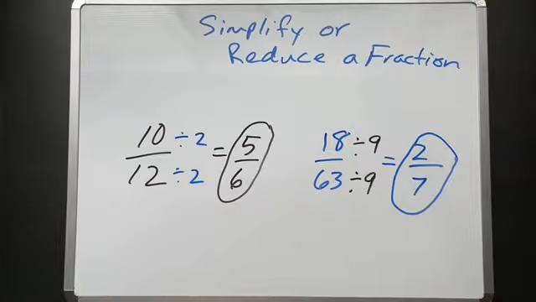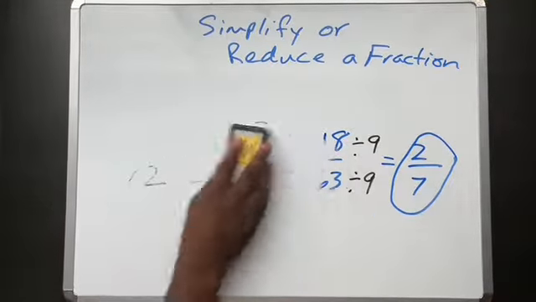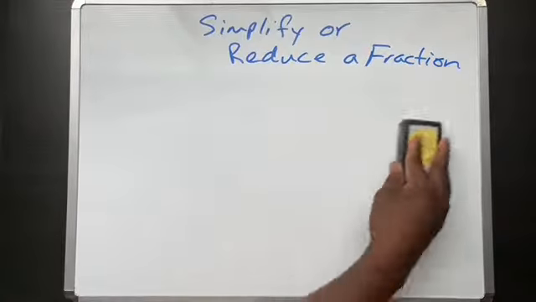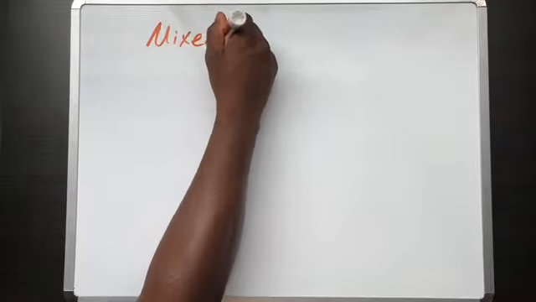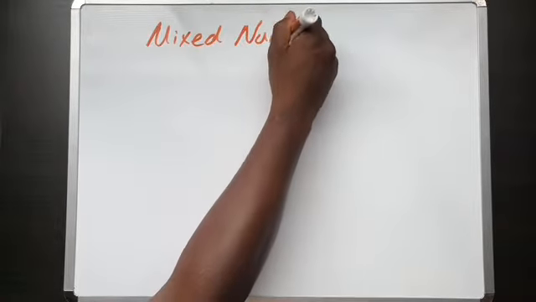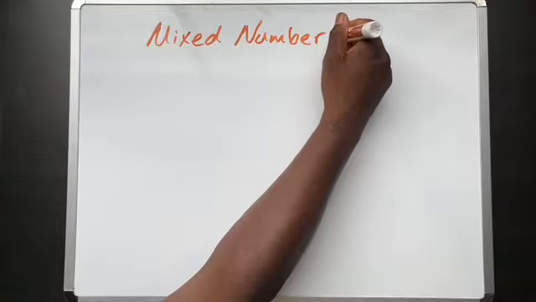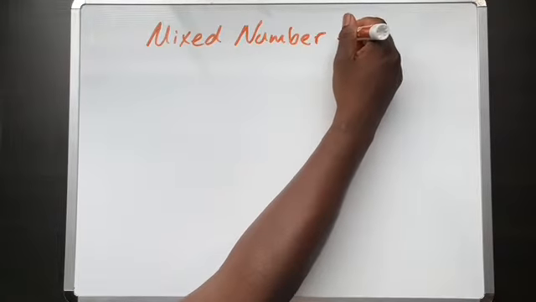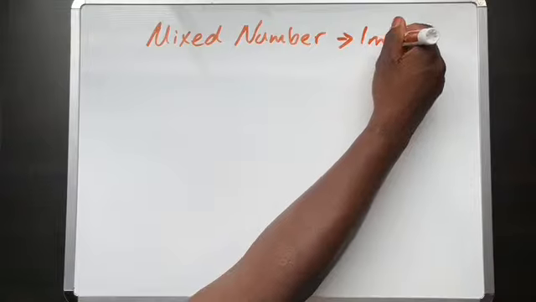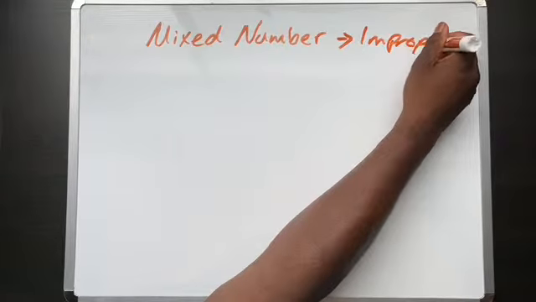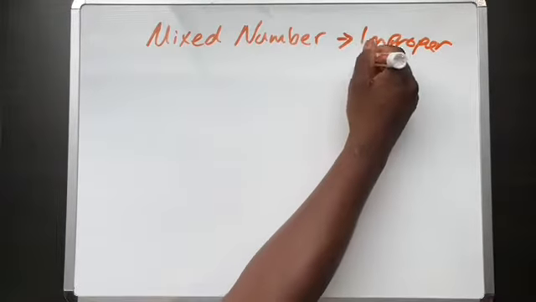let's get into converting a mixed number to an improper fraction. So we're going to go over how to convert a mixed number. We're going to convert that to an improper fraction.